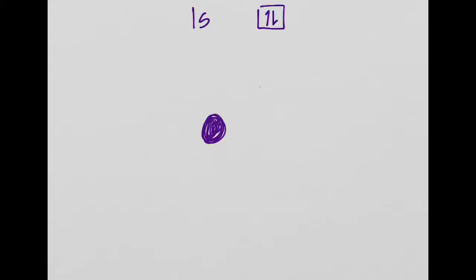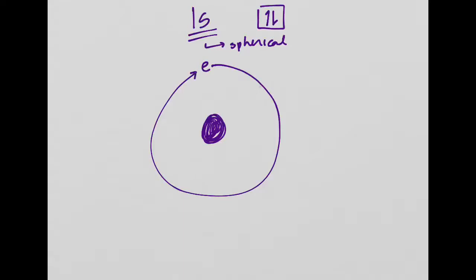And remember how I showed you that in the electron diagrams, we keep having these arrows up and down, right? What that indicates is the spin of the electron. Since this is an s orbital, remember that means it's spherical. The electron can be spinning in a clockwise direction. Spin can be clockwise.